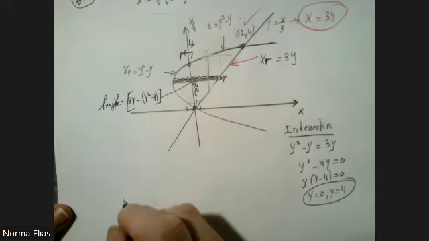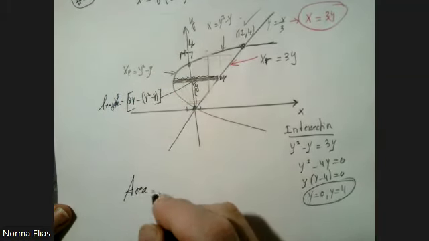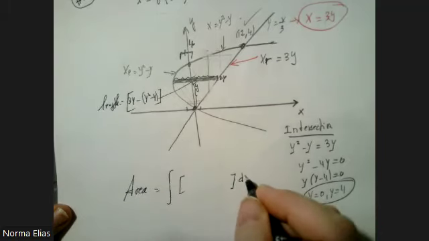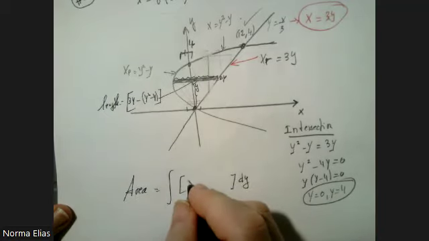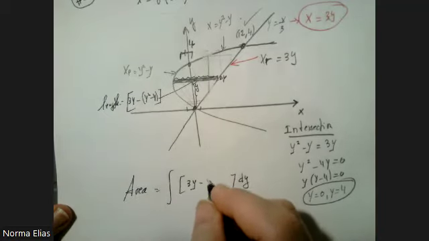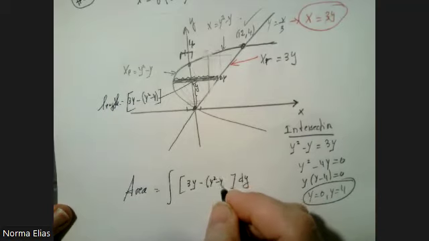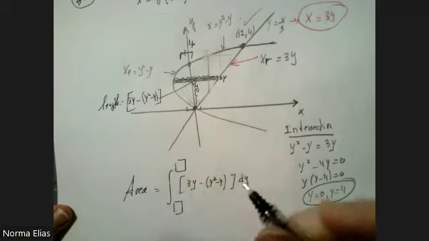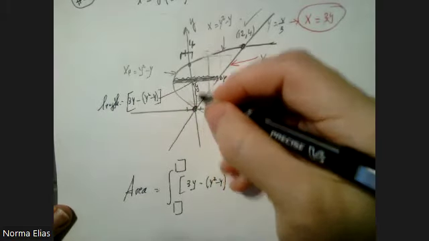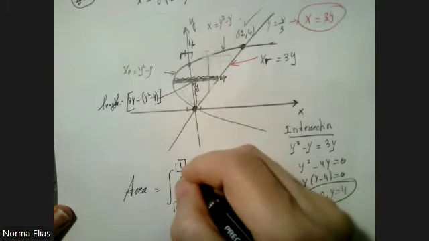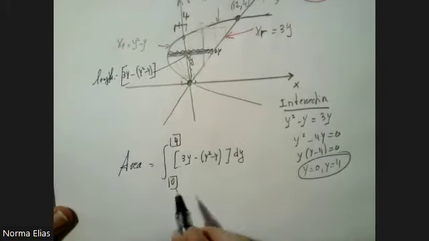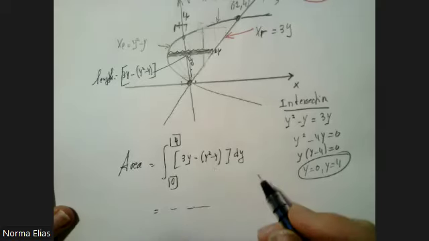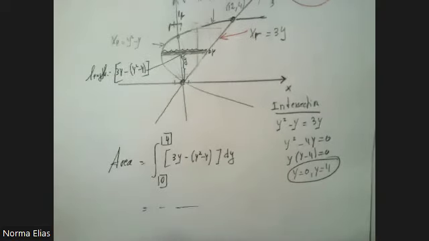So finally, the area is going to be the integral of the length, the right curve minus my left curve, with my limits. Always I look for y, from 0 to 4. And the rest is simple. You simplify and then you proceed. First simplify and then integrate.